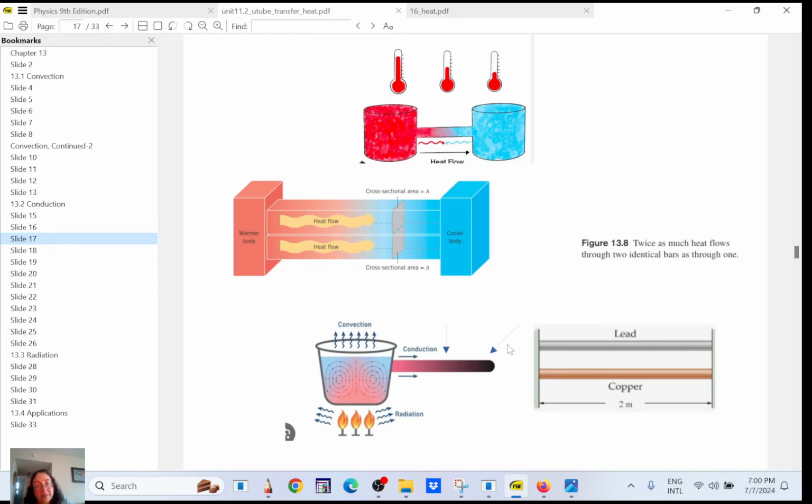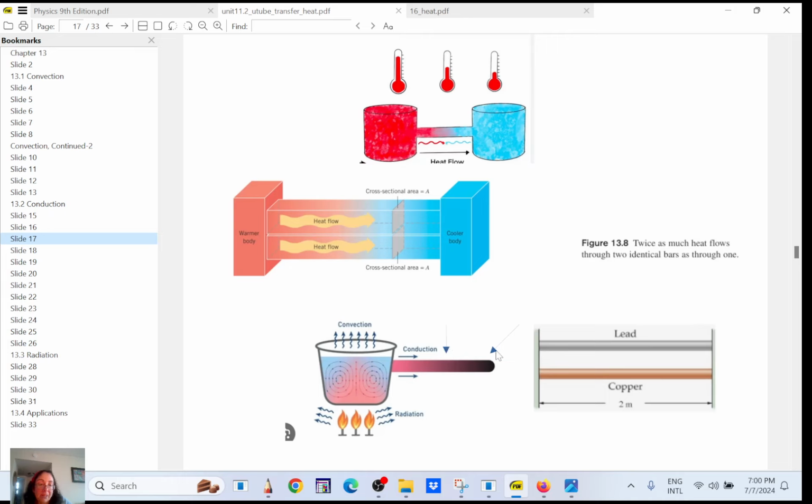It also depends on the length. It's inversely proportional to the length, because let's say this is very hot. If you touch it here, or if you touch there, for the same gradient, this is very hot here and your hand will be cooler. For example, this is 100 degrees Celsius and here you have 37 degrees.